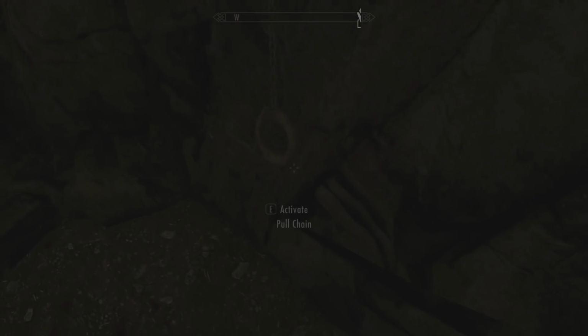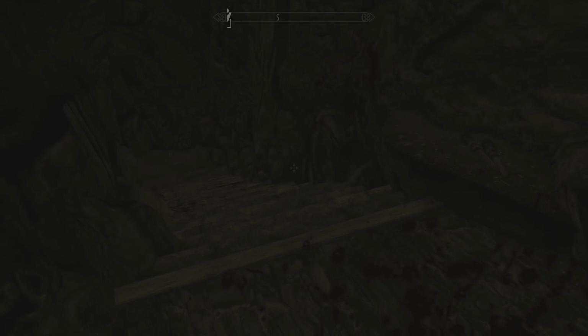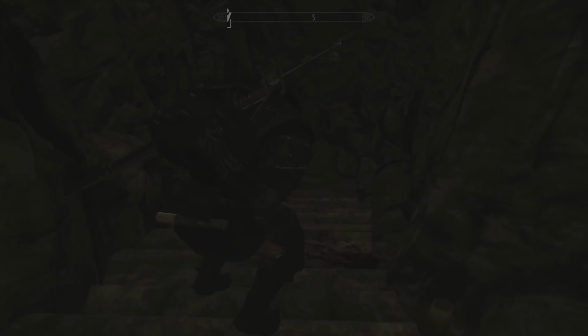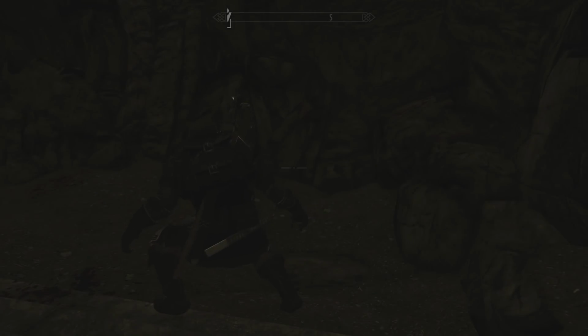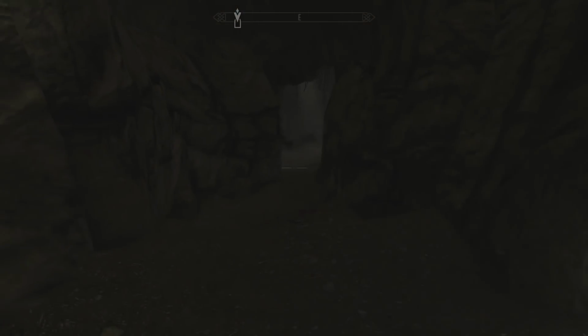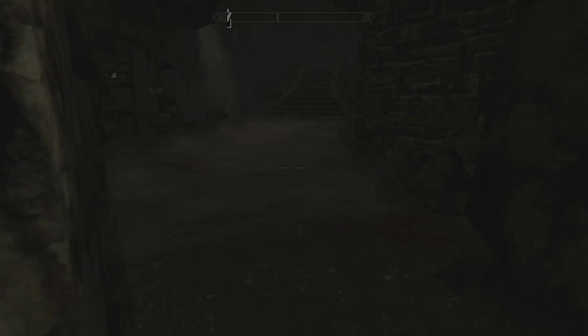We got a blood trail. All right. Let's be cautious. More blood.